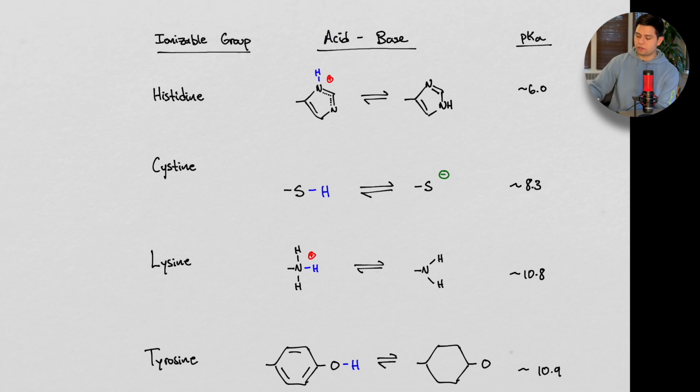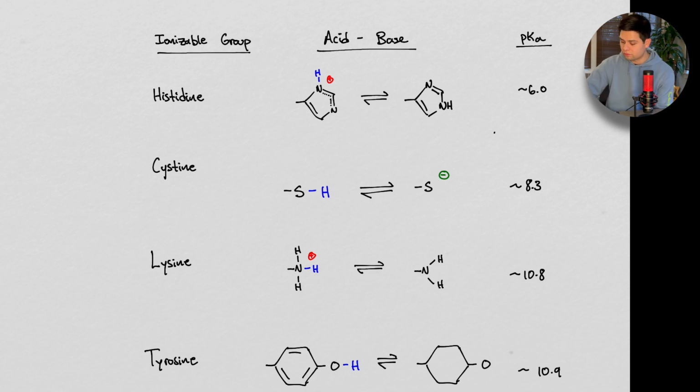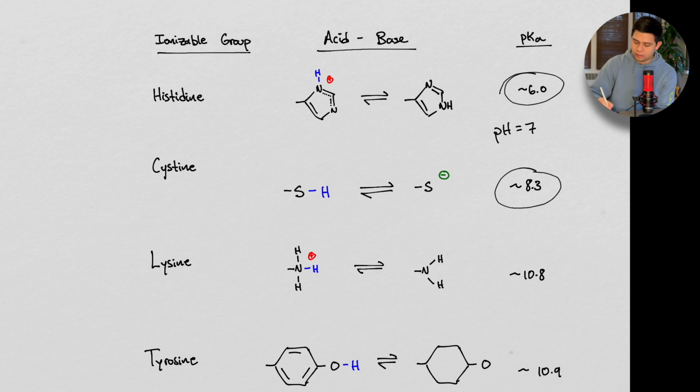What we're going to do in the next video is look at a few examples of how this all works. We can imagine, say, we're at a pH of 7, right? So if we're at a pH of 7, well, that's between here and here. So we can ask the question, what exactly are the cysteines and the histidines doing at a pH of 7?